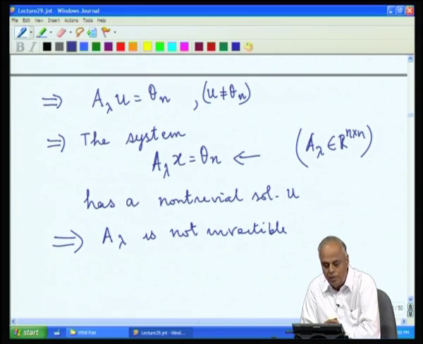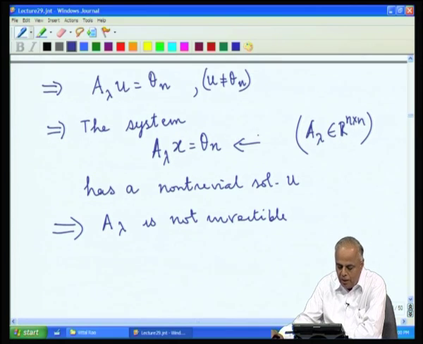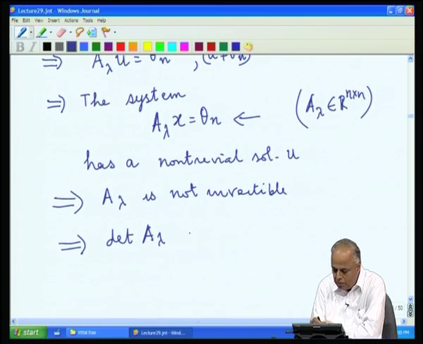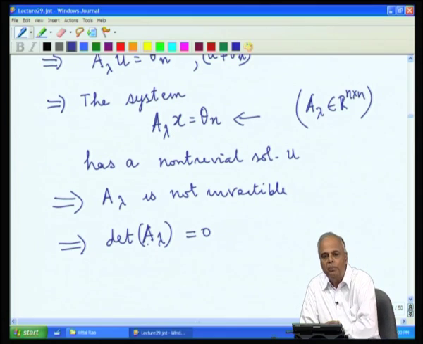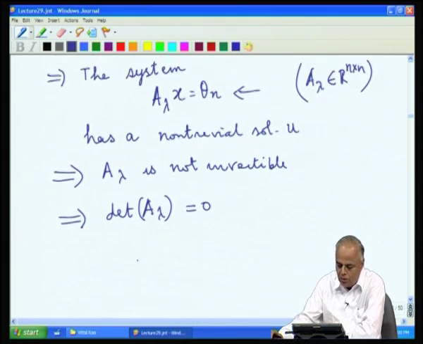So x would be 0, but we have a non-trivial solution u. Therefore, in order that the system has a non-trivial solution, A lambda must be not invertible. That means the determinant of A lambda must be equal to 0, because we know that a matrix is invertible if the determinant is not 0.